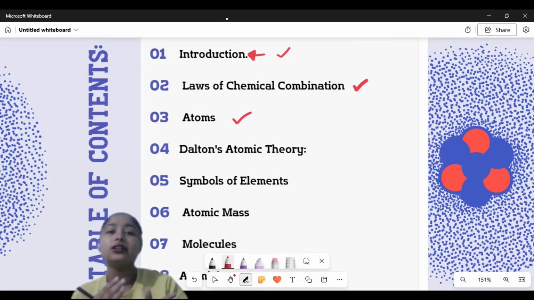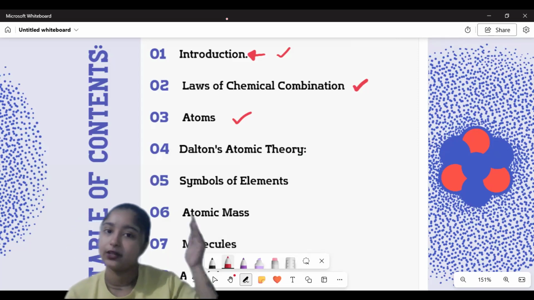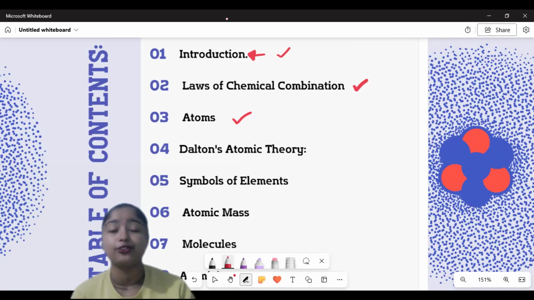In both chapters, many concepts are interrelated, so don't worry about it. We will cover the concepts detail-wise, whatever is given in the first and second chapters. In the first chapter, Dalton's atomic theory is given, so we'll do that as well.